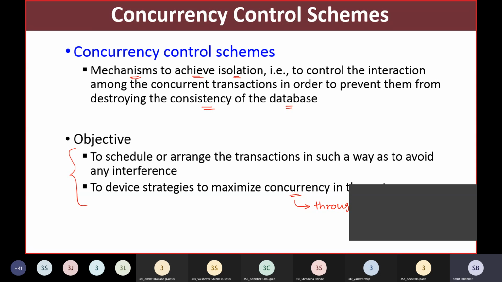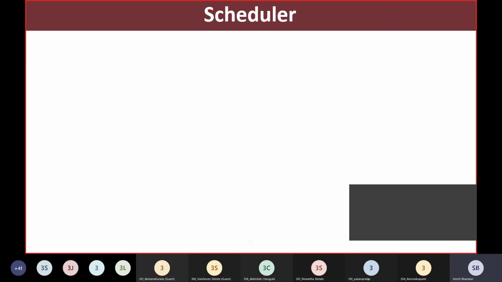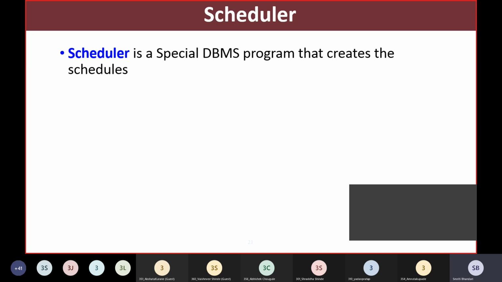The first objective is to arrange the transactions in such a way as to avoid interference. And secondly, we need to devise strategies that can maximize the concurrency in the system, obviously leading to high throughput of the system, right? Now, to come up with such concurrency control schemes, let us focus upon a few important concepts, right?